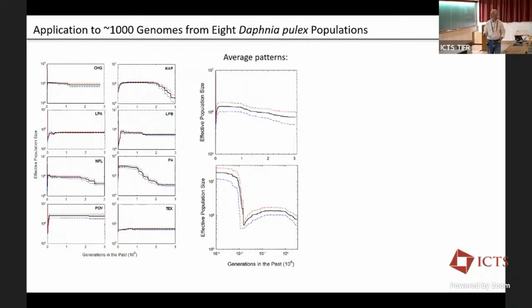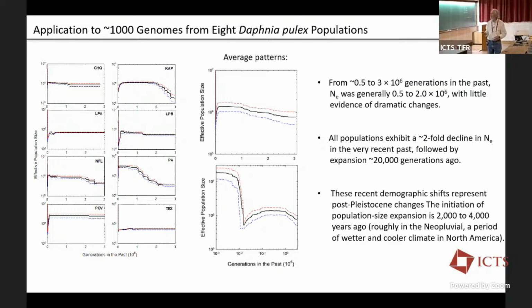These populations experience reasonably similar demographic histories, and this is telling us that way back until about half a million generations ago, the population was generally on the order, the Ne was somewhere in the vicinity of 1/2 to 2 million individuals. That's 500,000. And then there was this slight twofold decline and then a recent expansion.